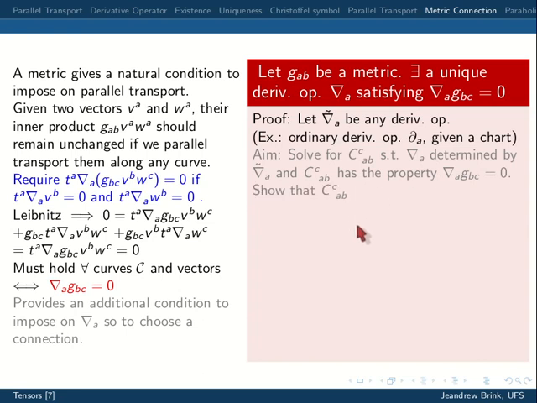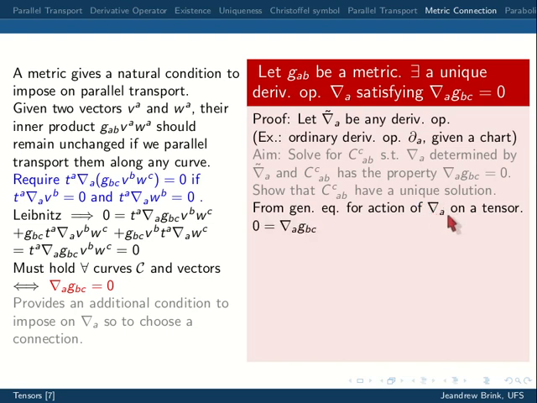What we're going to do is show that these C's have a unique solution, and the way we find them is we start from the general equation for the action of this operator on a tensor, and then we set it equal to 0. So we know that 0 is equal to the derivative operator applied to the metric tensor, in order to preserve our inner products.